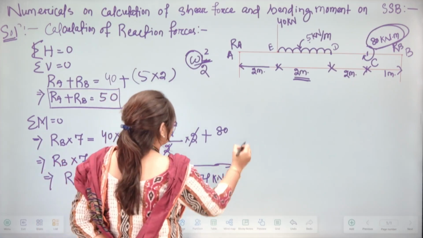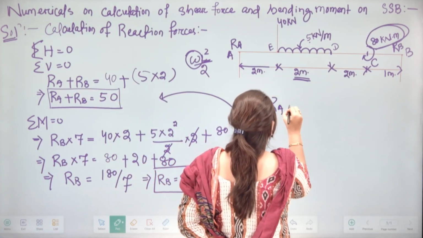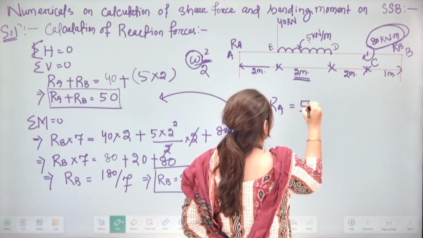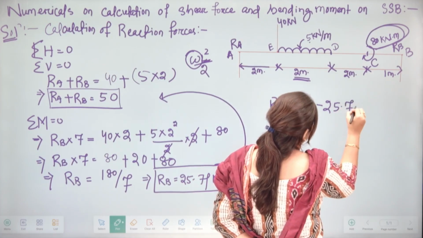We can put this directly in this equation and we'll have Ra is equal to 50 minus 25.71.